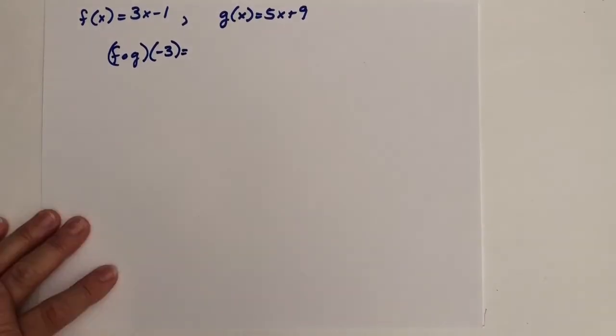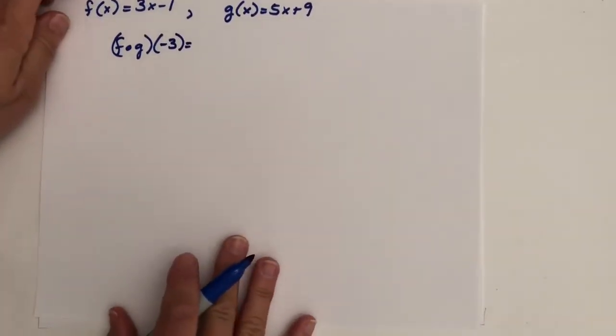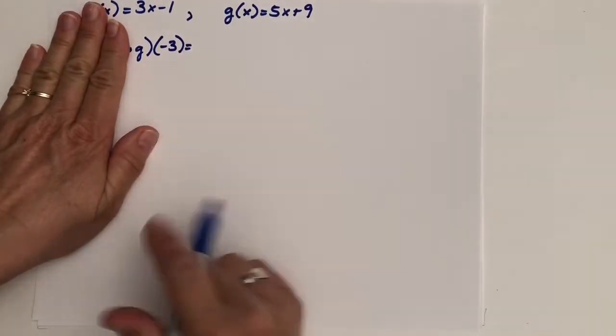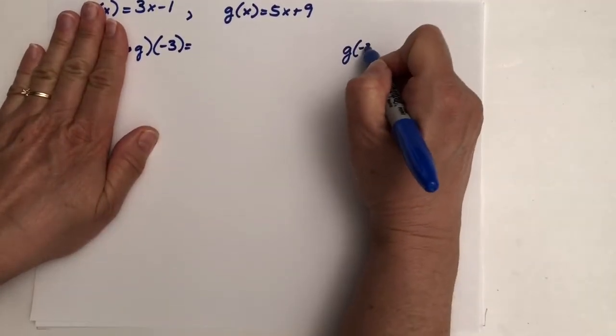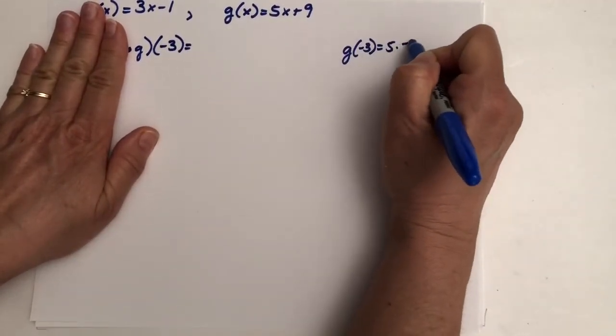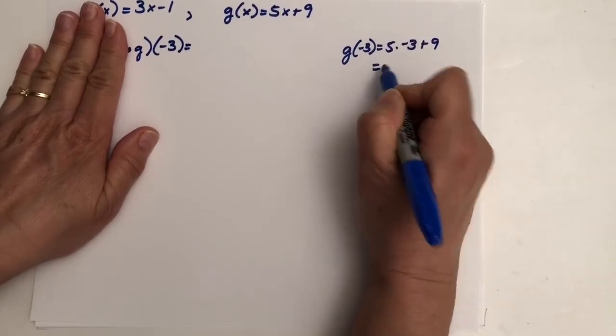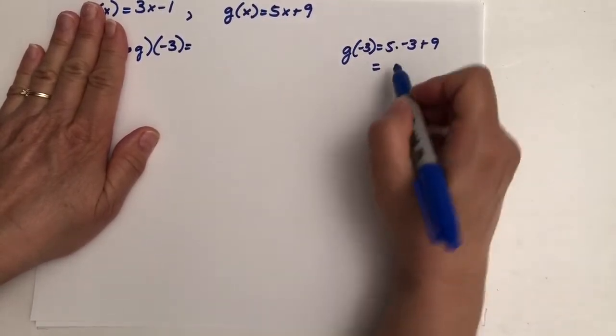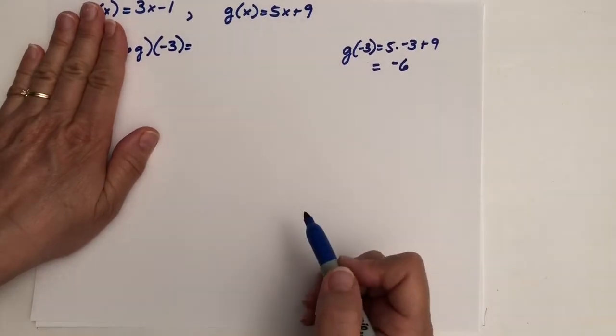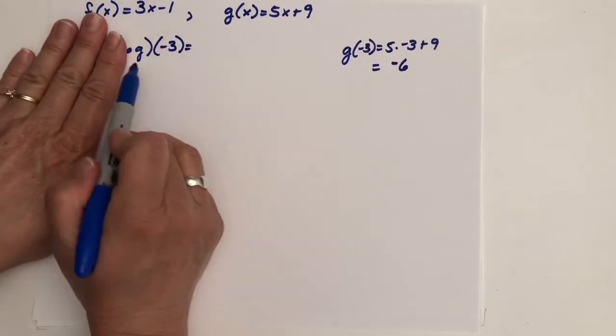So I hope you recognize where to start. We would start with our g of negative 3 first. Let's do that calculation. 5 times negative 3 plus 9. We have negative 15 plus 9, that's negative 6.